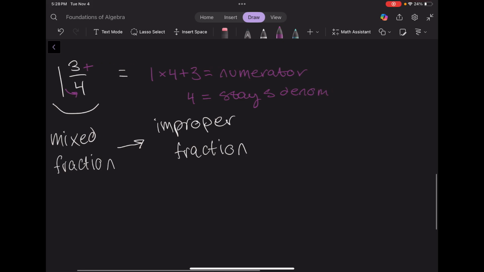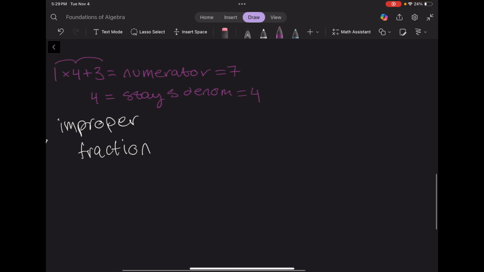So if we do 1 times 4 plus 3, we get 7, and then 4 stays my denominator, so then we get 7/4. This is the same thing as 1 3/4, it's just they're written differently.